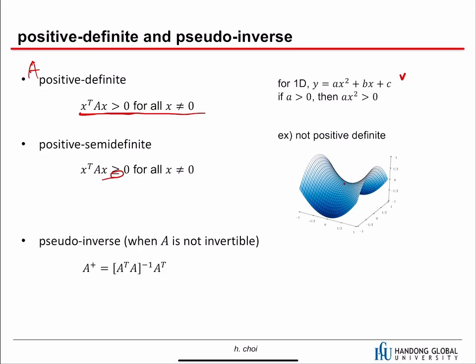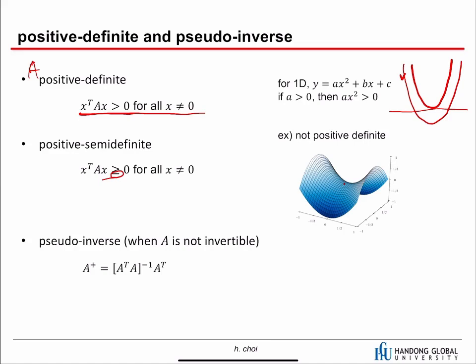If a is positive, then ax squared is positive. Then what happens? We can have this shape, right? Or this. So this one is convex. Okay, what if a is 0?